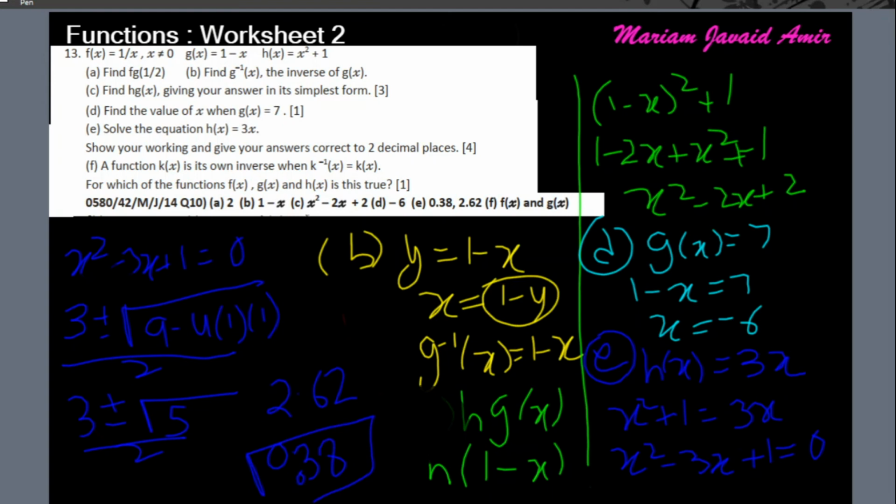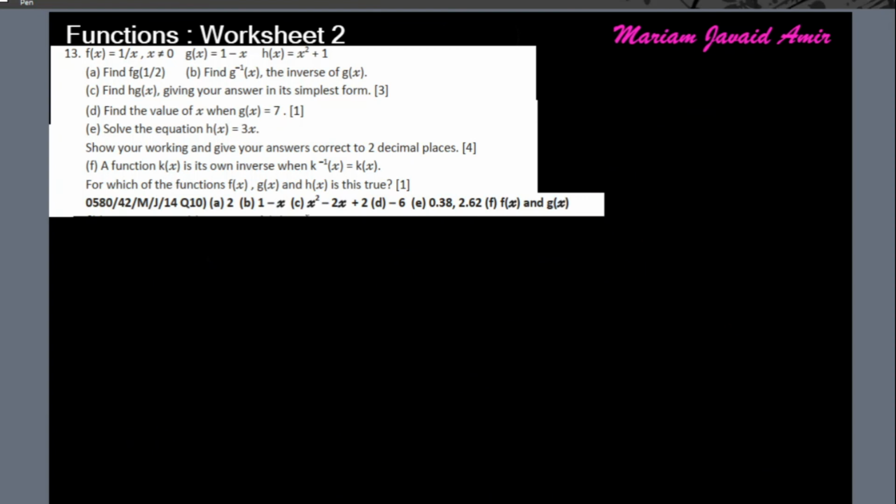Next is part F. k(x) is its own inverse when k inverse of x is equals to k(x). Alright, so there is a function which gives the same value for k inverse of x. For each of the functions f(x), g(x), h(x), is this true?